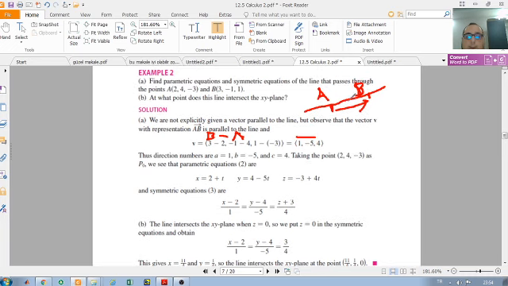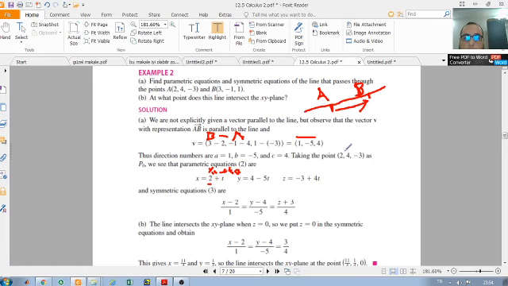If we know two points, by taking the difference of them we get the components of the direction vector of the line. And by taking one of the given points and using the parametric equations formula, 2 corresponds to x0, so x is equal to x0 plus a times t.